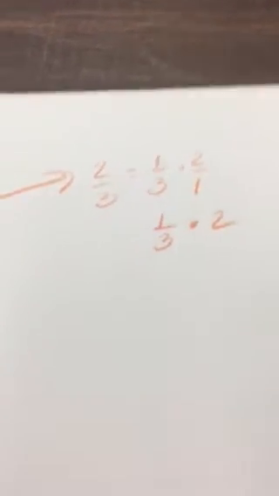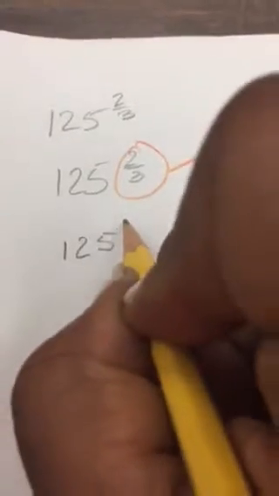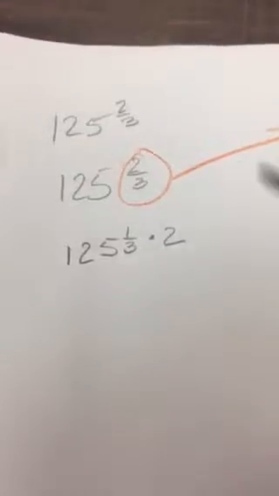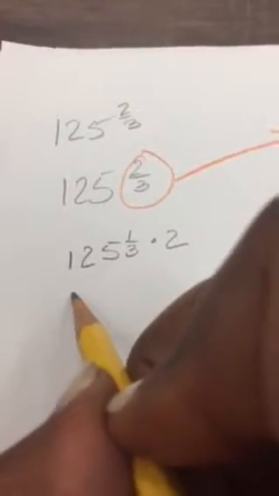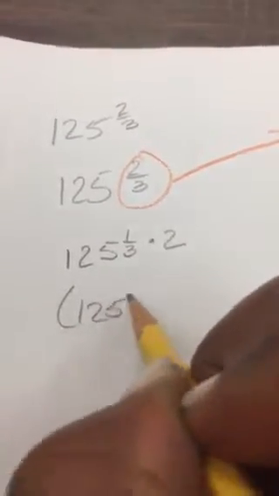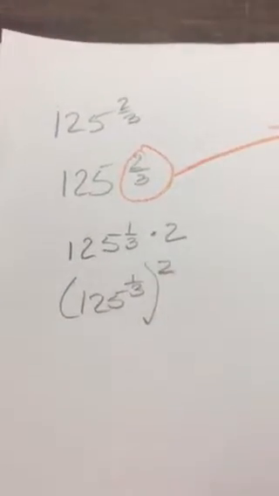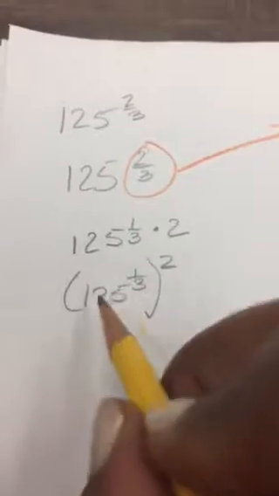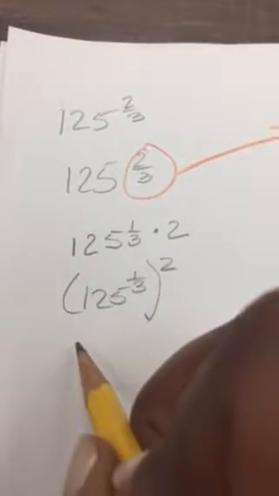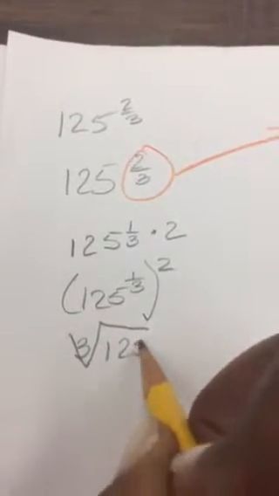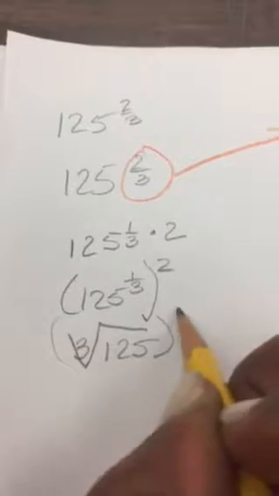Well, I could rewrite this and say 125 to the 1/3 power, times 2. Let's put this in parentheses. If I look at just what's in parentheses, that's going to be the cube root of 125, to the 2.